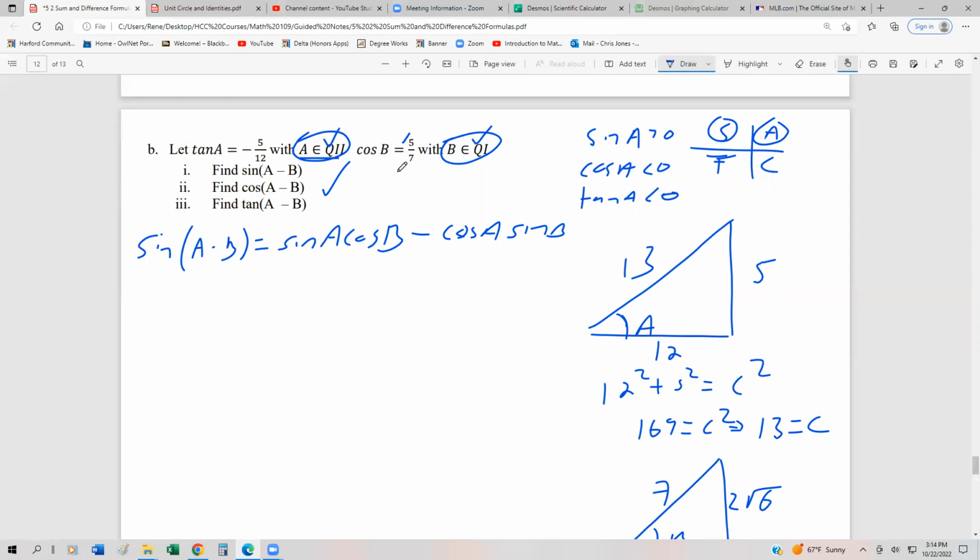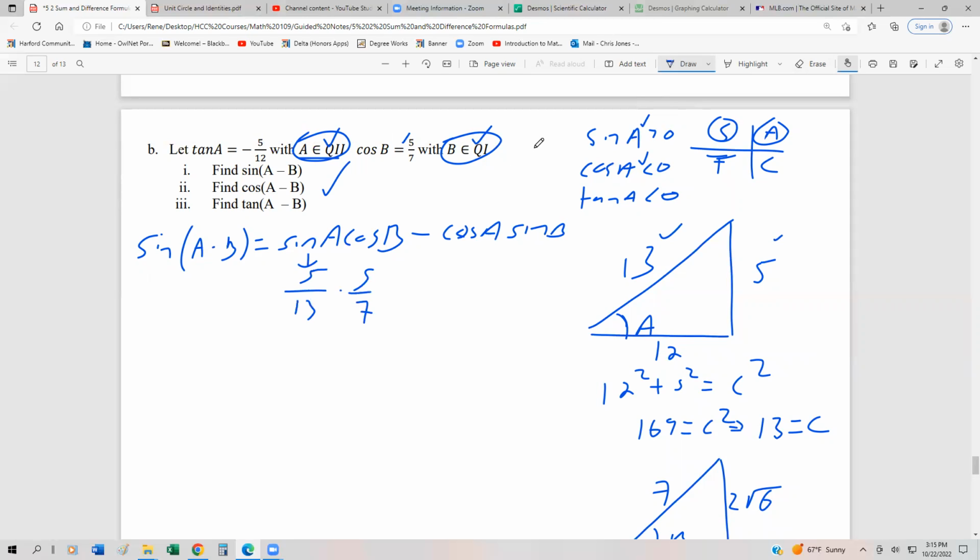So what that means is that the cos is going to be less than 0, but the sine is greater than 0. So for the sine of A, that means we're going to have the opposite over the hypotenuse, which is going to be 5 over 13. The cosine of B, we already know, that's 5/7.